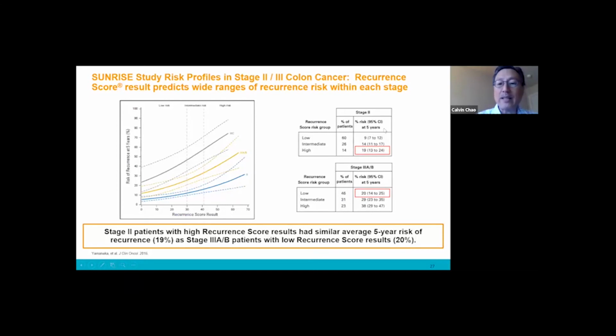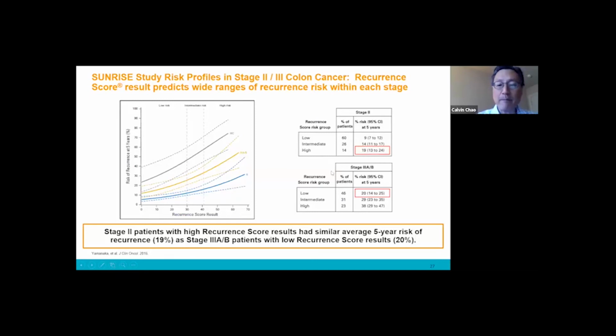So on average, we can see that for stage 2, the low recurrence score group actually represented 60% of patients with only a 9% average risk for the whole group. And for the high recurrence scores, it's only about 14% of the patients and a 19% risk at 5 years of recurrence.